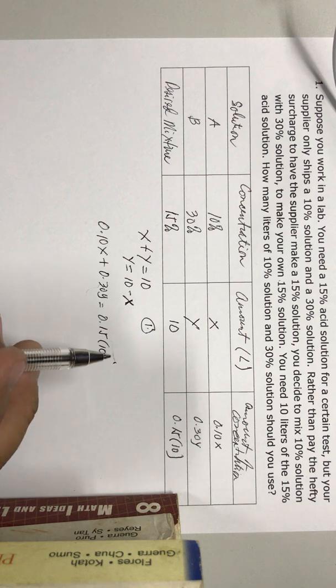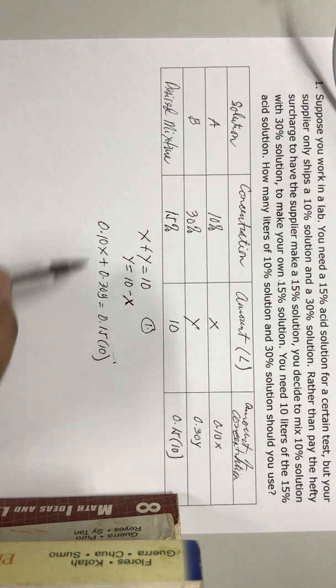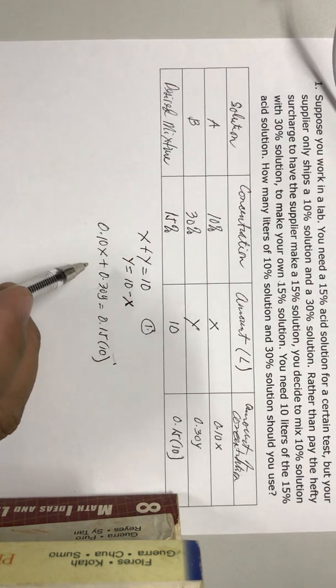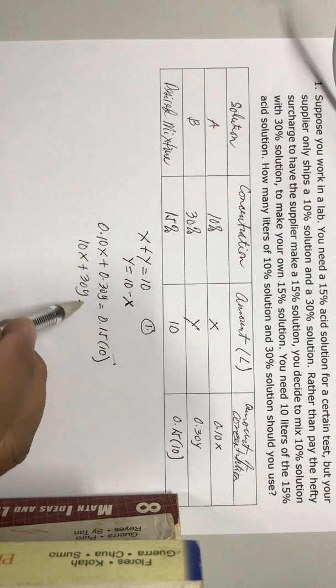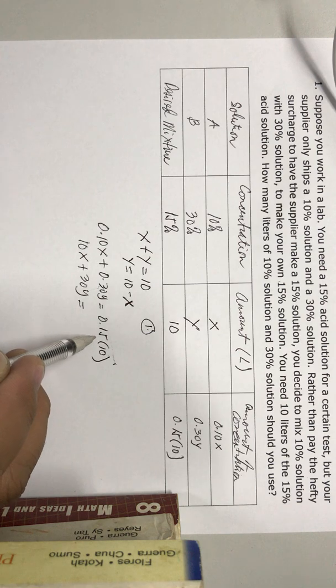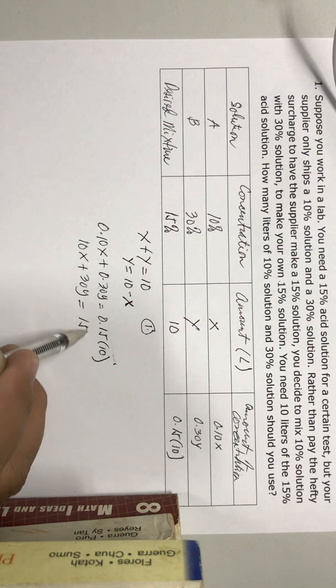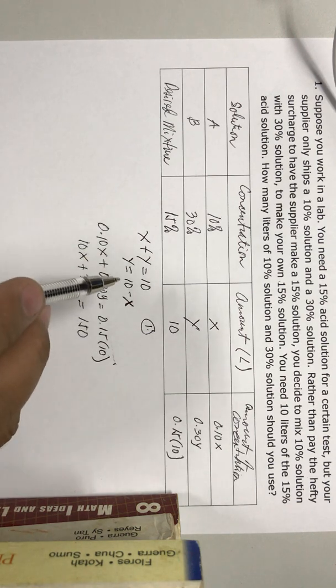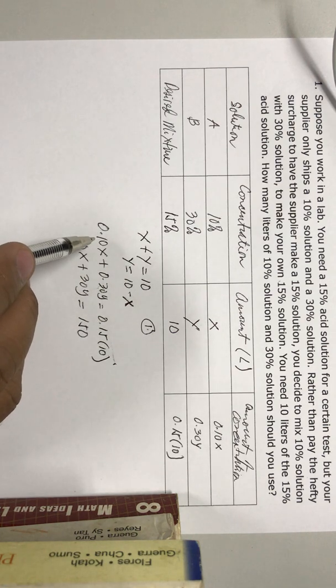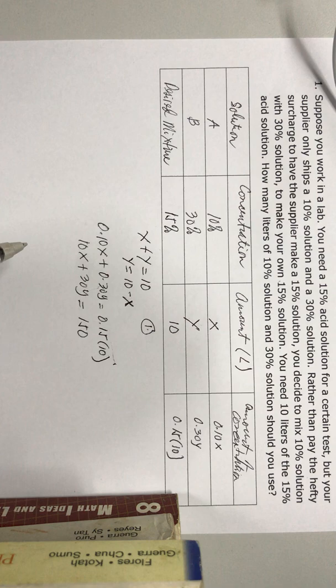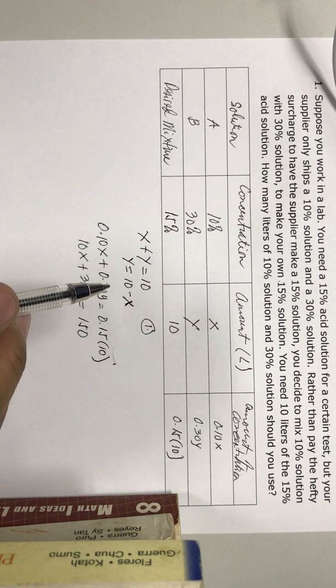Multiplying 100 to both sides will result in 10x plus 30y is equal to 15 times 10, which is 150. Multiplying 100 to both sides will actually move the decimal place of each decimal number twice from left to right. I think that is very elementary and doesn't need any further explanation.